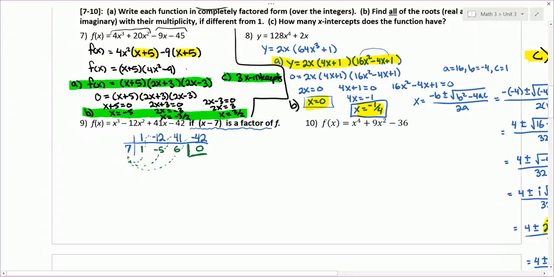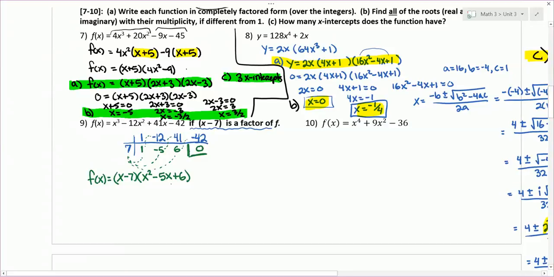This process gives us our factorization. That 7 represents our binomial factor, which is x minus 7. And then the 1, negative 5, 6 represents our trinomial factor, which is 1x squared minus 5x plus 6.